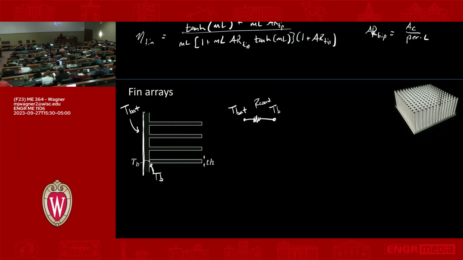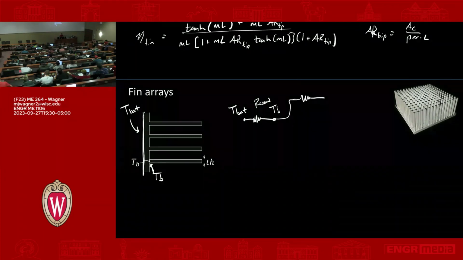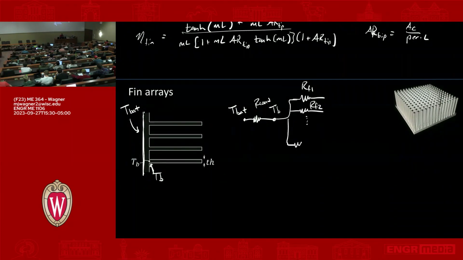Once you get to the base of the fin, there's multiple paths for heat to go out. You could go out one individual fin, another individual fin, or directly from the base to the environment. So the first pathway would be R fin 1, the second pathway R fin 2, and so on, down to R fin N.